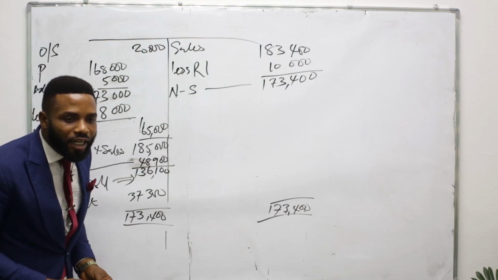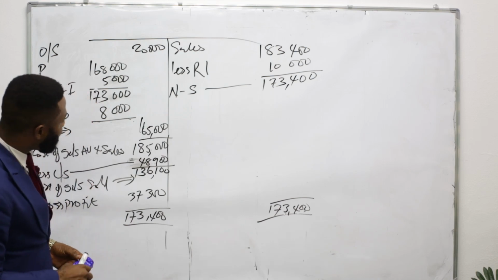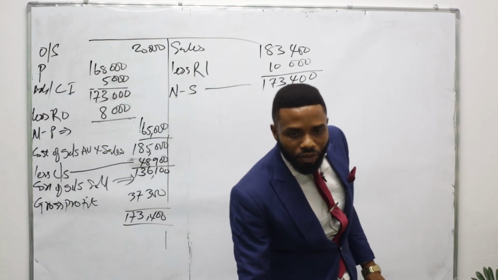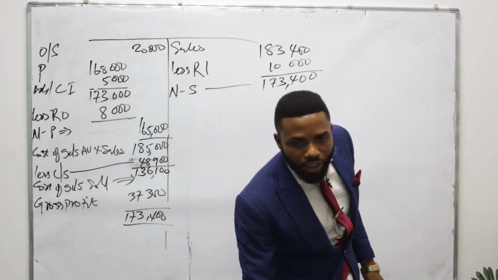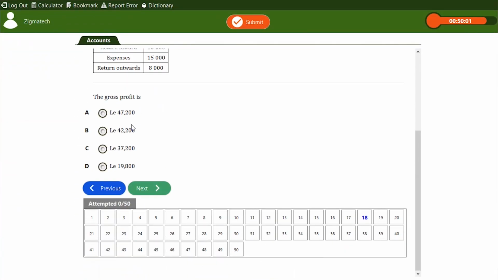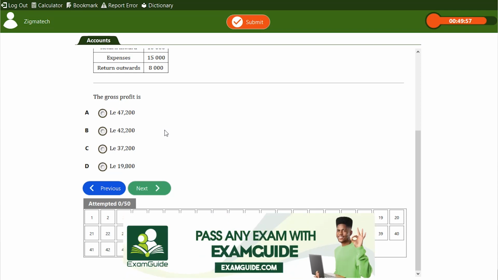Do we have 37,300 there? That's the question we are going to ask. Now, what we are having here is 37,200 instead of 37,300. Is it that we didn't get it when we were doing the subtraction?